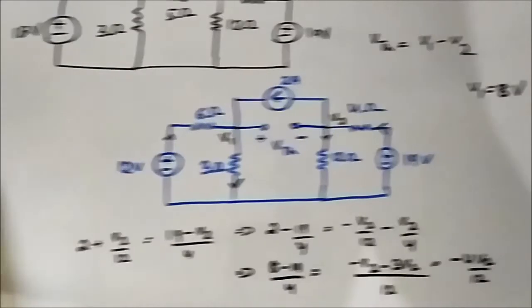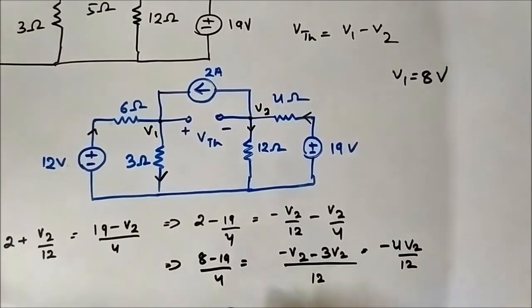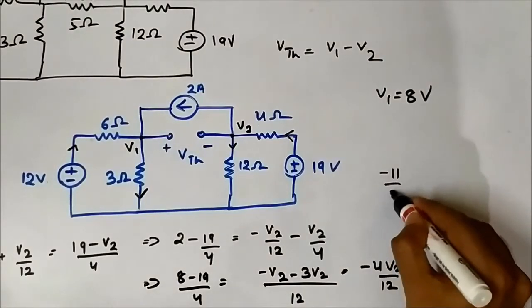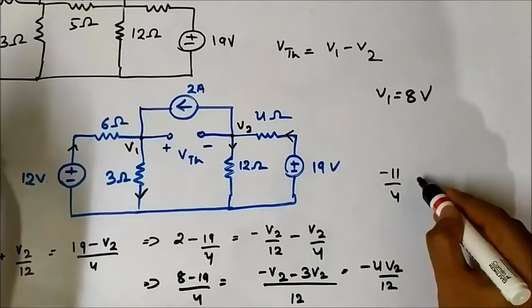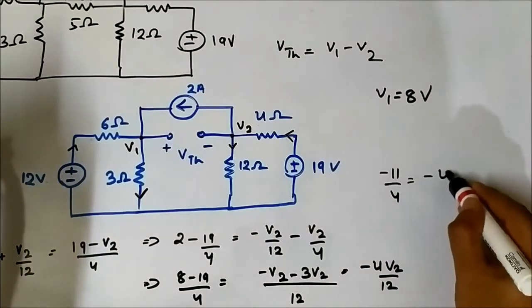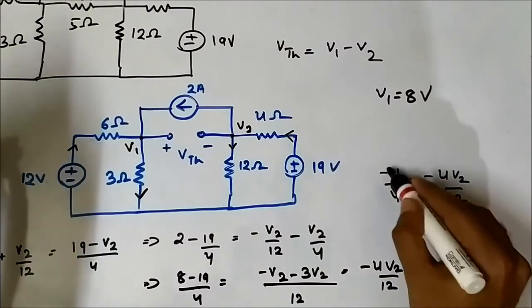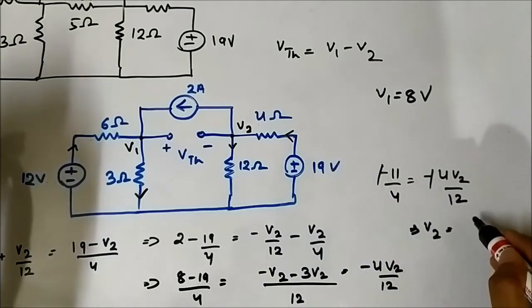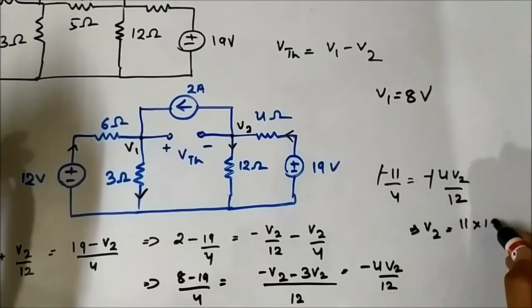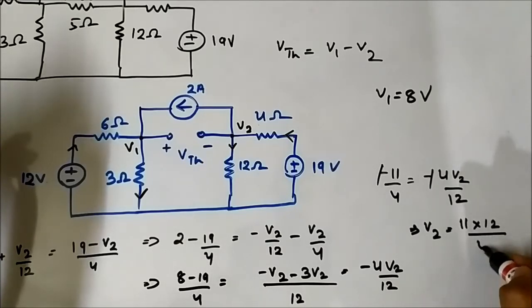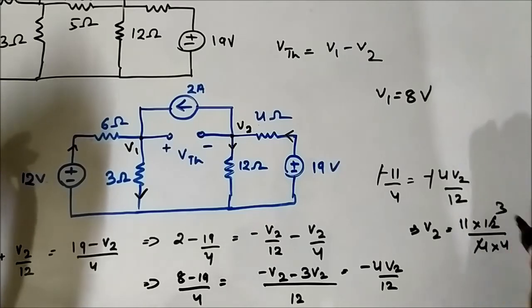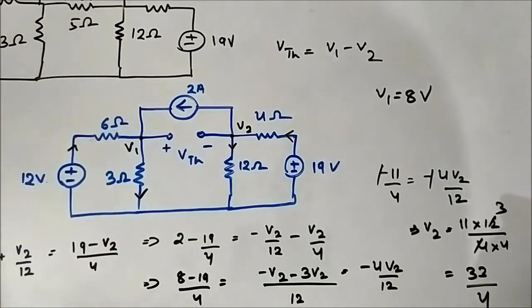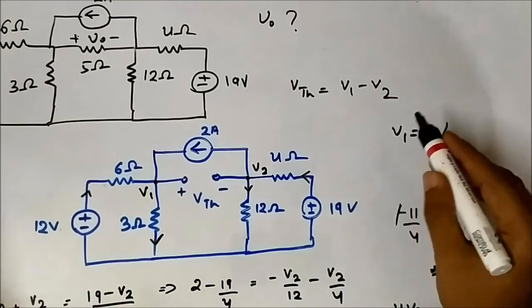That implies minus 11 by 4 is equal to minus 4 V2 by 12. That implies V2 is 11 into 12 by 16, which is 33 by 4. V2 is 33 by 4 volt.